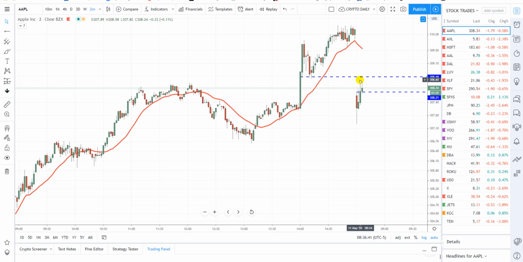Okay, it couldn't quite get up to our recent high. Well, not yet. We still have a minute left in this candle. All right, it's going to the downside.